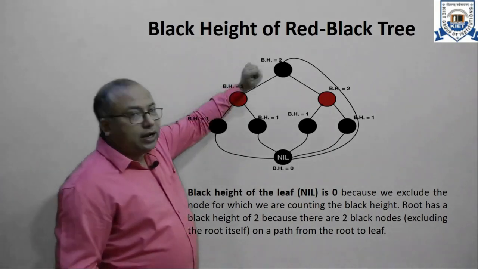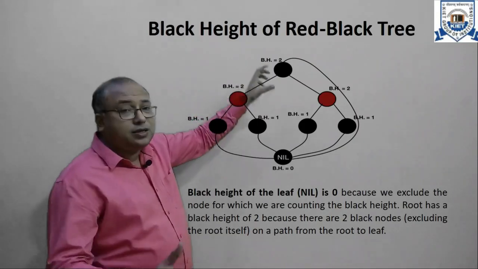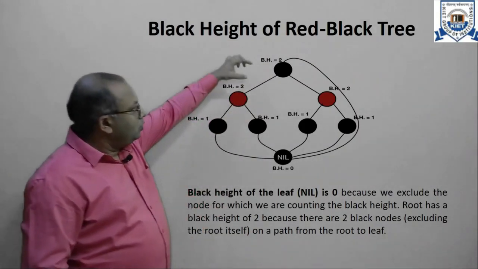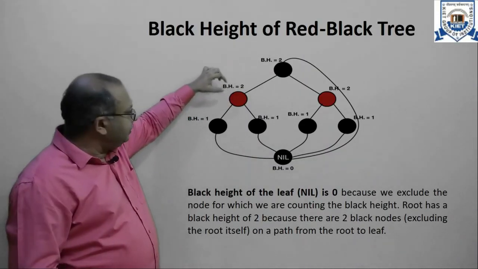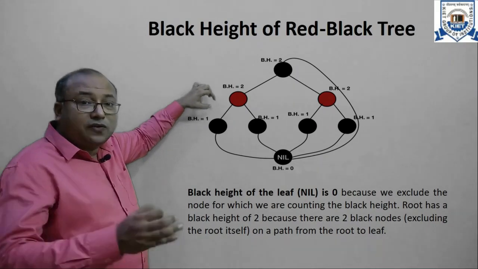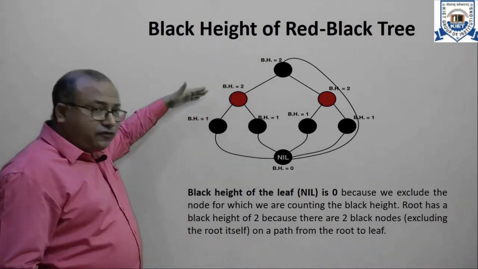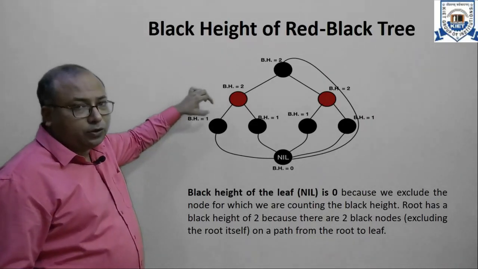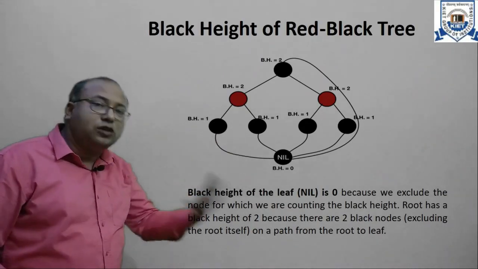So in this figure, the root is black. If we calculate the black height of the root, we will not consider the color of the root. The second node is red on the left hand side. The third node is black. So this is the first black node from root to leaf nil, and then we reach the leaf nil, and this leaf nil is also black.